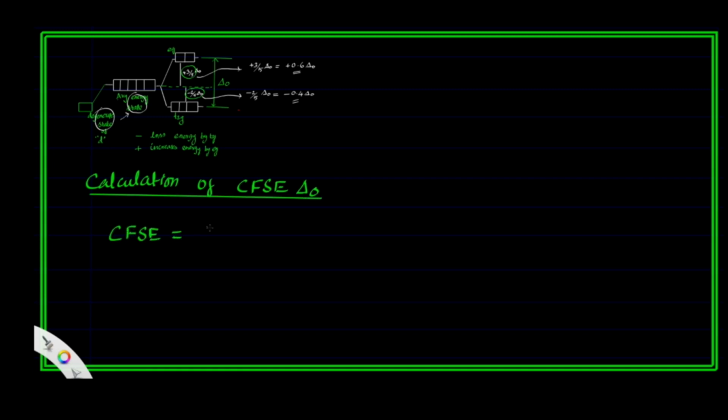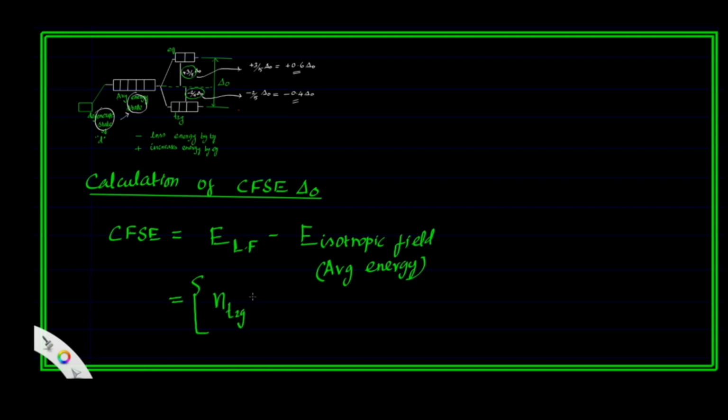CFSE is equal to the energy of the ligand field minus the energy of the isotropic field, or average energy level, which is equal to the number of electrons in the T2g set into minus 0.4, plus the number of electrons in the Eg set into plus 0.6, into delta O, plus the number of pairs into the pairing energy of one pair.